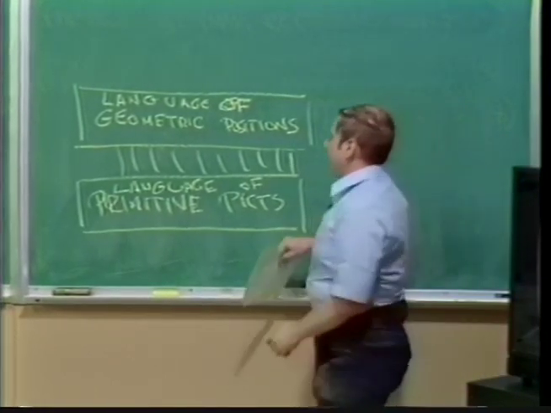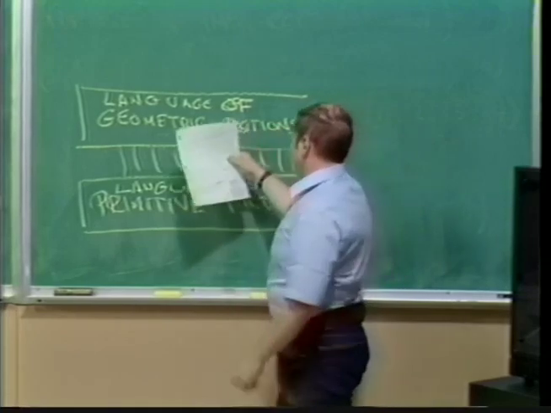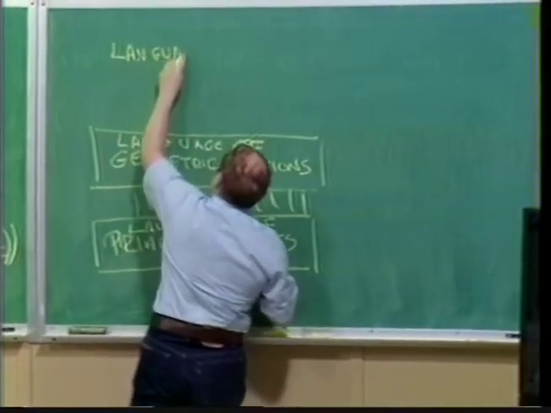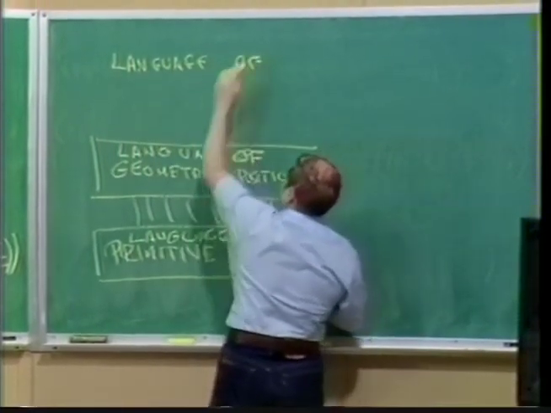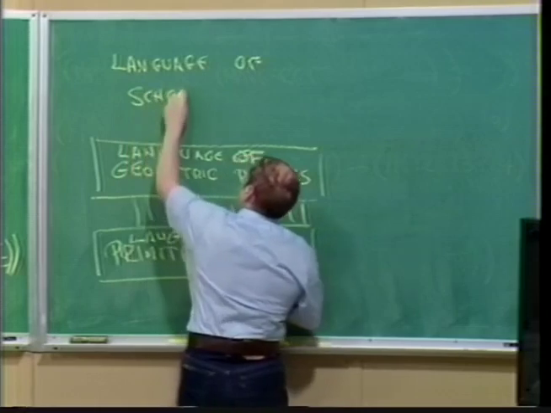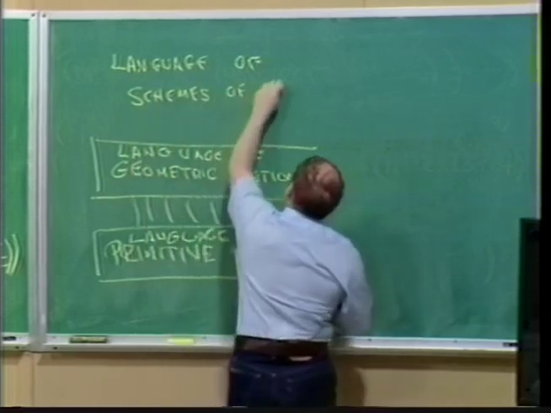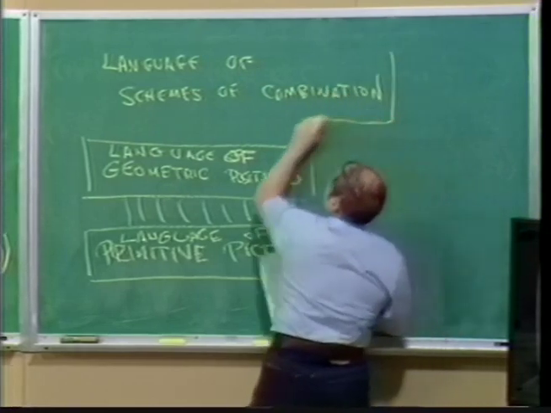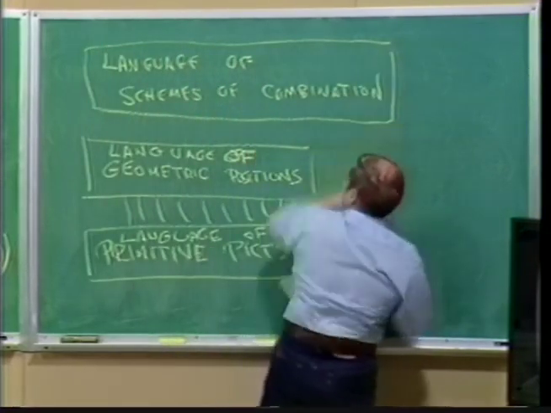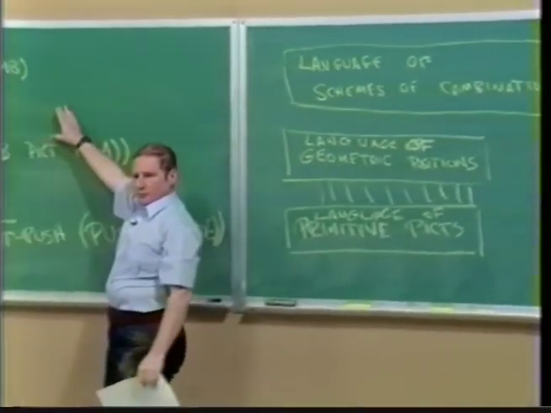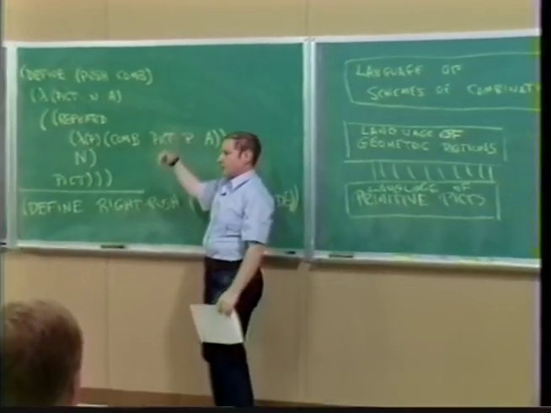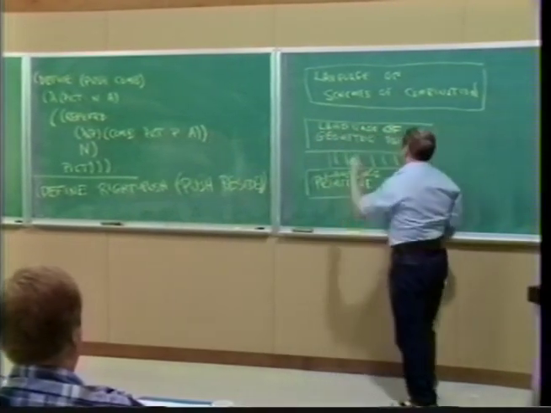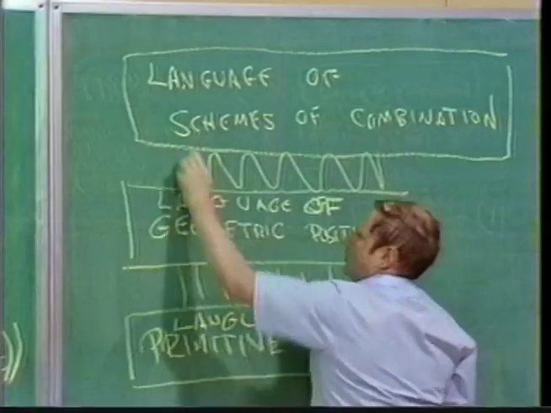And then we saw that above that, there was sort of a language of schemes of combination. For example, push, which talked about repeatedly doing something over with a scale factor. And the things that were being discussed in that language were sort of the things that happened down here.